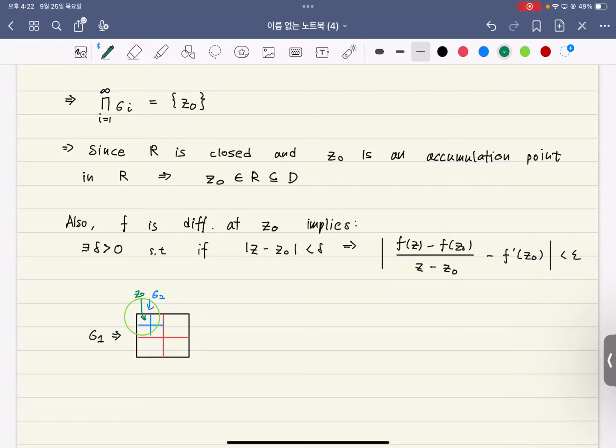Yes, it is. Why? If your index of sigma is large enough, then you can find some square which lies completely inside this delta neighborhood of the point z0, right? And for that sigma with a large index, you can actually find such a point in that sigma, which is clearly a contradiction.